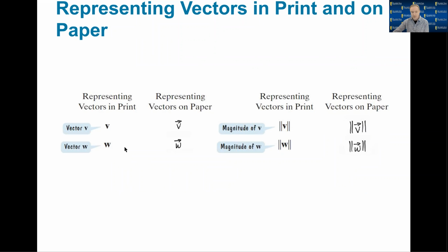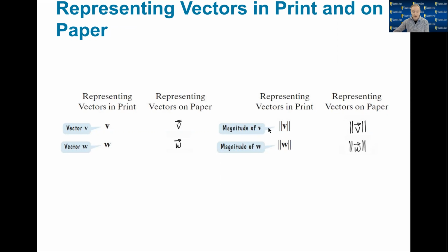If you're writing this out on paper, you're really supposed to put an arrow over the v or the w to represent that it's a vector. As I was working the homework, there were so many v's and w's and u's that I kind of stopped that. It's proper notation to do that, but you don't have to. I will know that if you're using v, w, and u in a section about vectors, it's representing the vector in the problem. But technically, you should put the arrow over there.